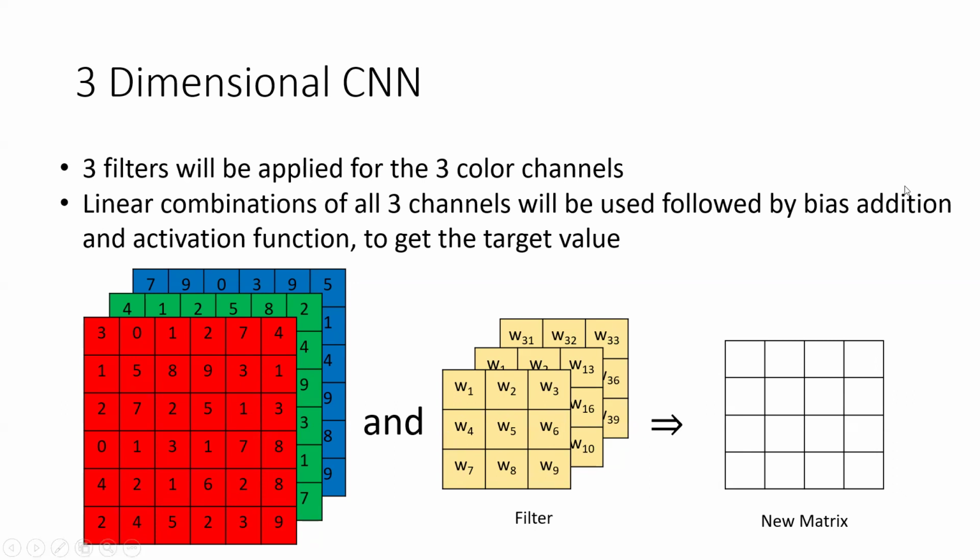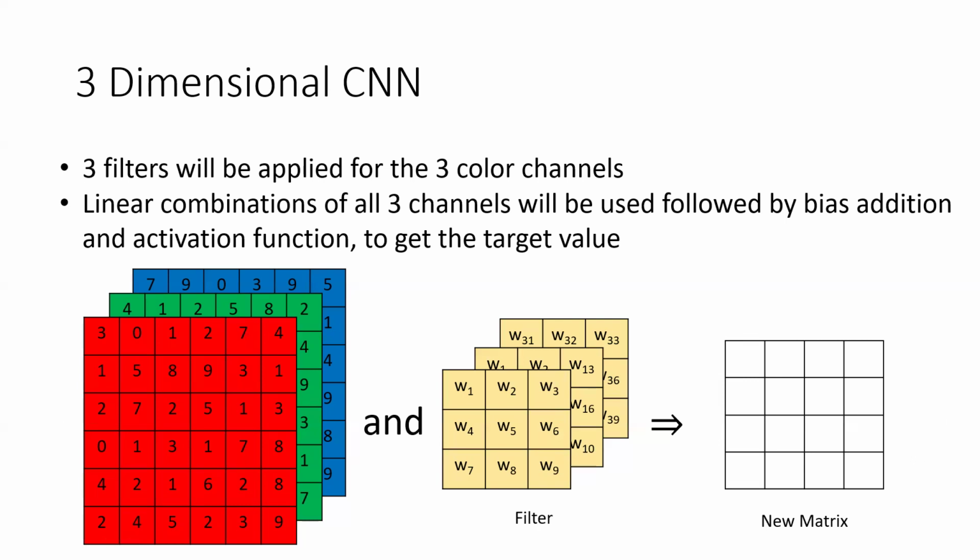So you can see once we apply this filter at each location of the image, for example like this one, if the stride is one, we go from this location, this location, and so on, right? Then you can calculate the values for each of the values in the new matrix. You can also see the size of the new matrix is much smaller than the original image due to the boundaries, right?